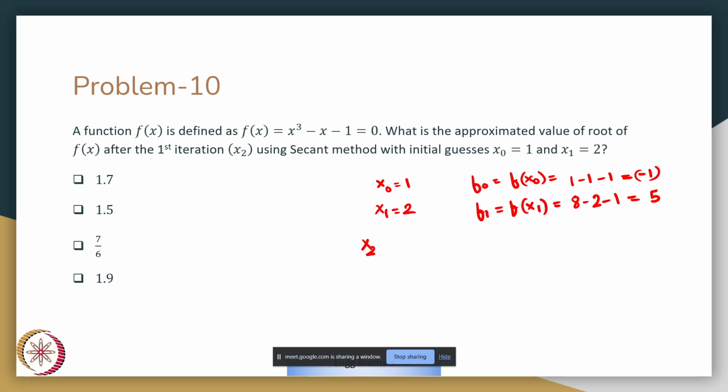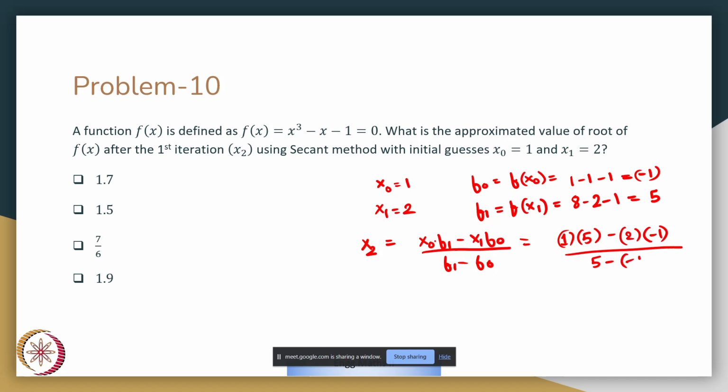Therefore, my updated approximate value of the root is x2 equal to x0 f1 minus x1 f0 upon f1 minus f0, which is 1 into 5 minus 2 into minus 1 upon 5 minus minus 1. So this is 5 plus 2, 7 by 6, which is option C.